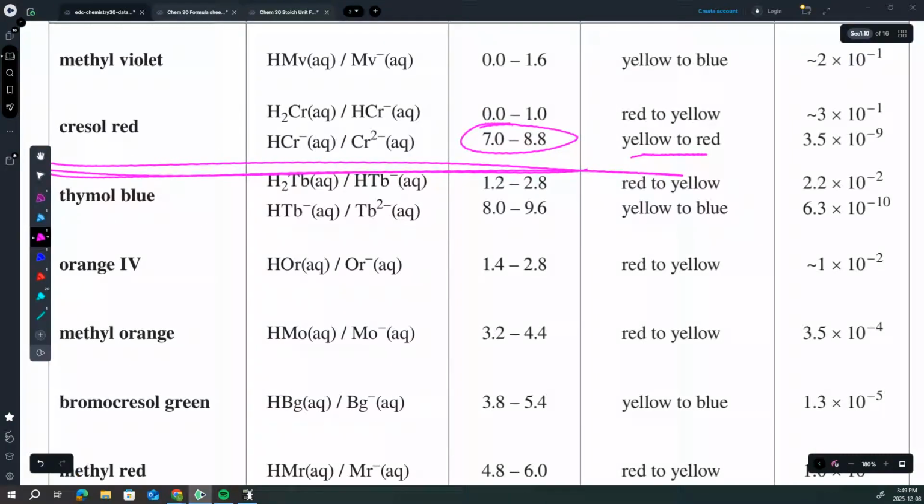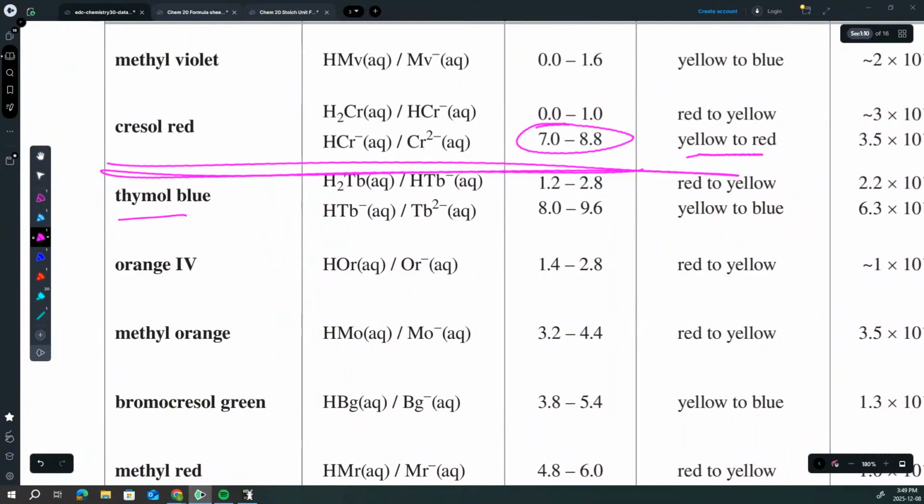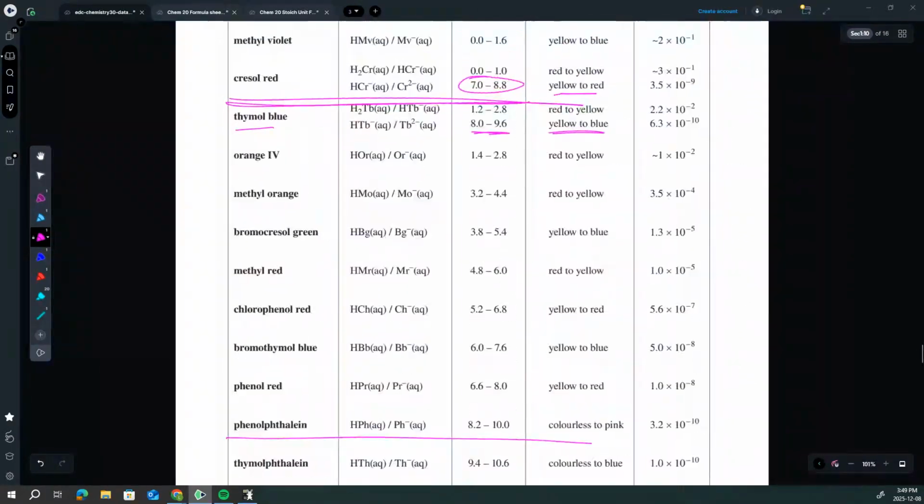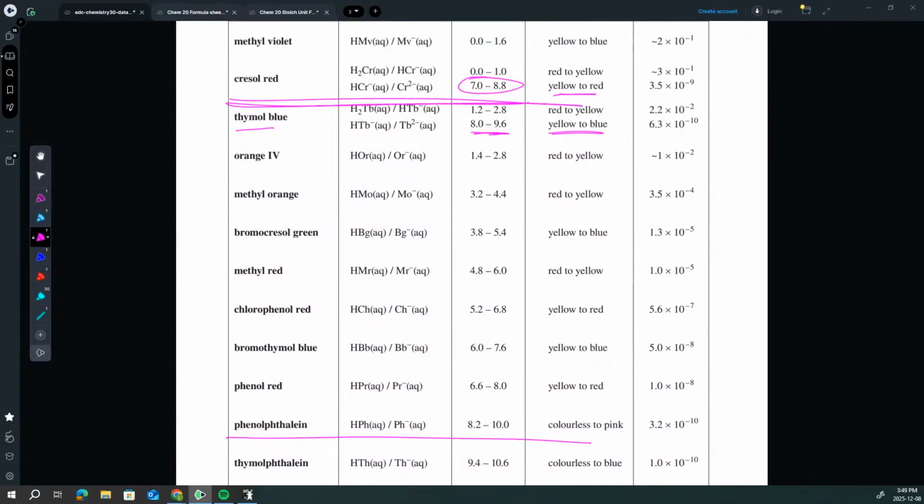Another indicator that we could also use would be thymol blue, and that would be 8 to 9.6, the yellow to blue change that we could use. So as I said, there's a few different indicators that we could use. What I'm going to do is, actually, you know what? I'll write all of them.